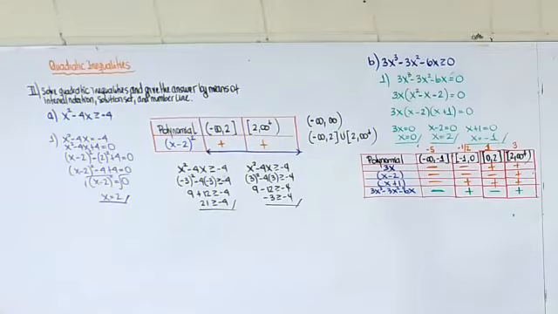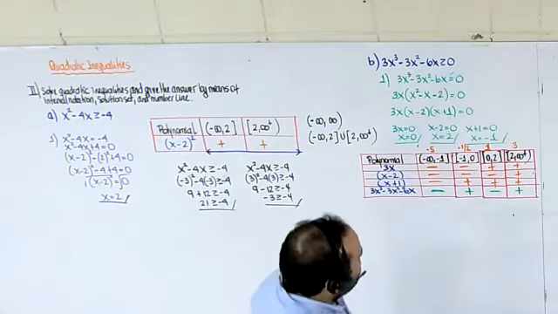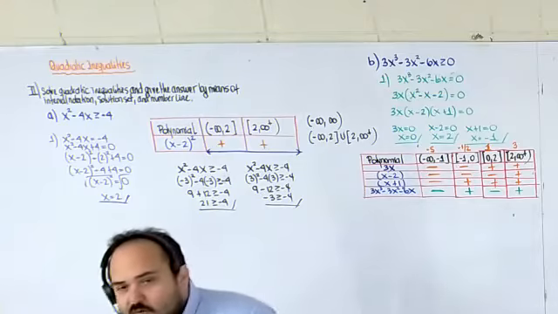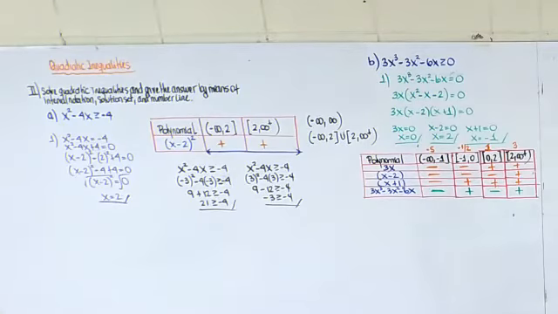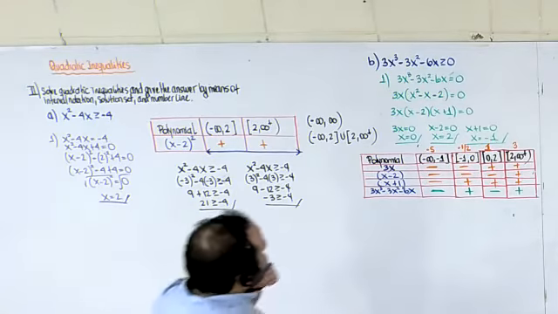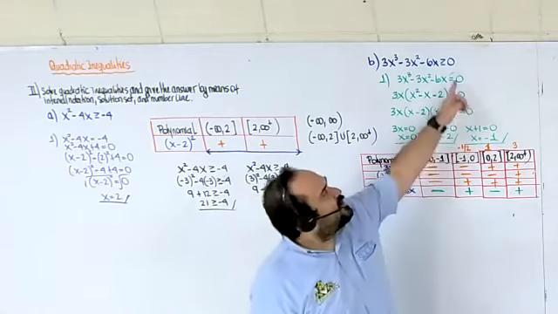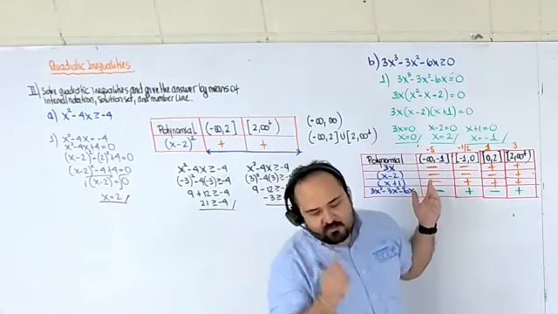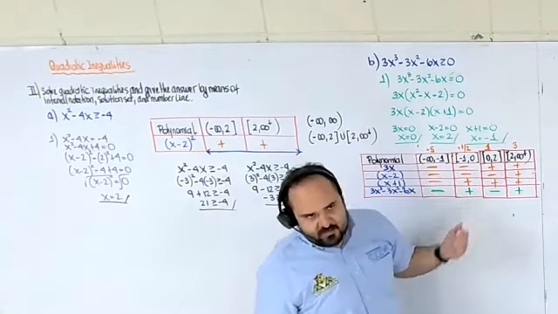All right. Before we continue, did you understand how to create this table of signs? Yes or no? Yes, Mr. All right, then. Now it's time to provide the solution using the number line. For example, the problem says greater than or equal to 0. What numbers are greater than or equal to 0? The positive numbers.